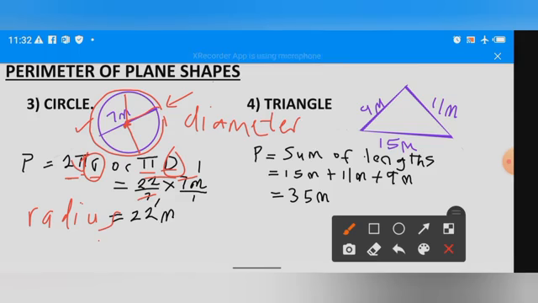The diameter is the distance from this point on the circumference, from this edge, through the center of the circle to the other side of the circle. That is what we call diameter.